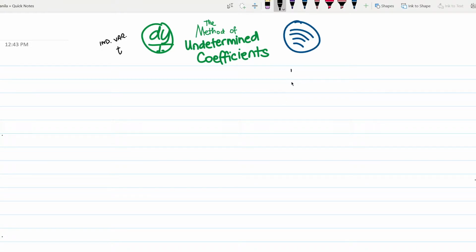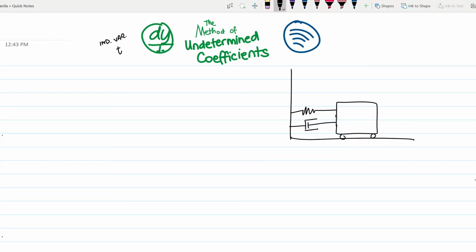Anyway, let's say we have this cart right here, and it has wheels, of course, and a spring here and a damper right here, like that. Let's say the mass of the cart is m, the spring constant is k, and the damping coefficient is c.